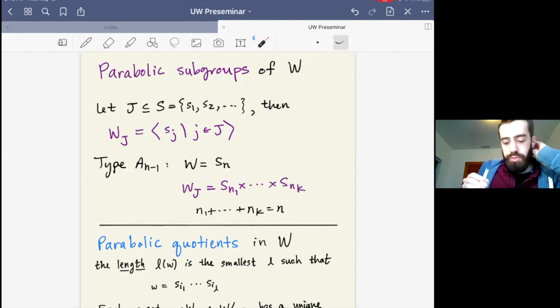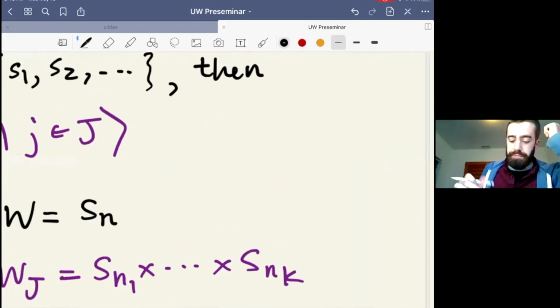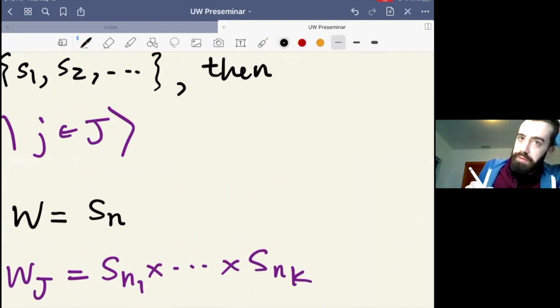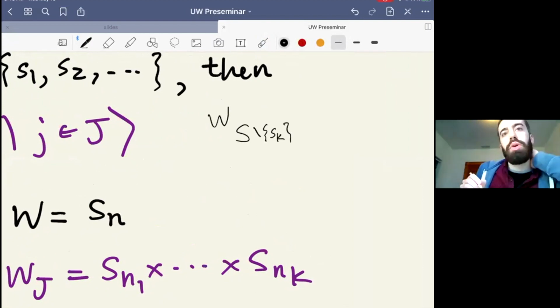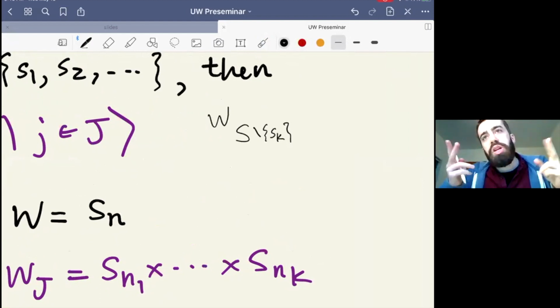So why is that? Well, if we think about it, what's the effect of, say I take the parabolic subgroup where J is all of S except I've removed one generator s_k. So now I'm allowed any adjacent transpositions except I can't swap k and k plus 1.